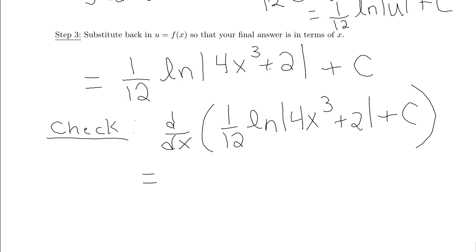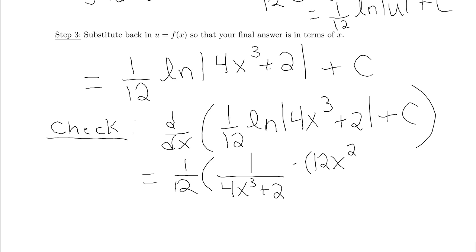So let's see what happens. The derivative of this would be 1 over 12, and then I would take the derivative of the ln, which is going to be 1 over the inside of the logarithm, so 1 over 4x cubed plus 2. But then it's the chain rule, so it's multiplied by the derivative of the inside, which is 12x squared.